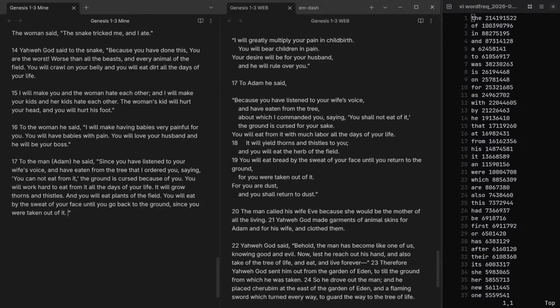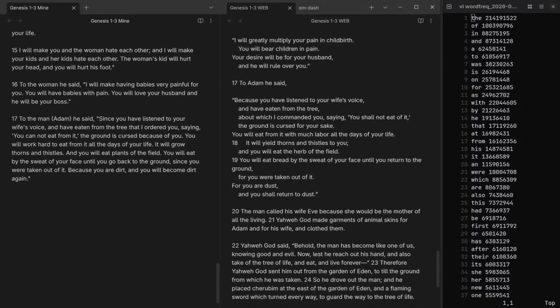Because you are dust. Let's just say because. Because you are dust, dirt, let's say dirt, and you will become dirt again. You will go back to dirt. To dirt again. No, you will go back to dirt. There we go.